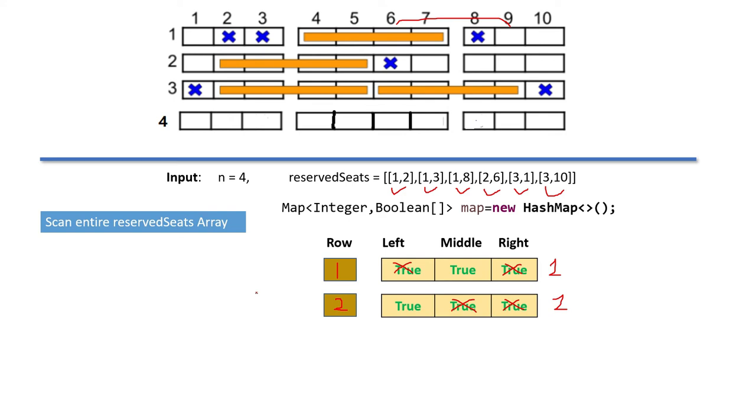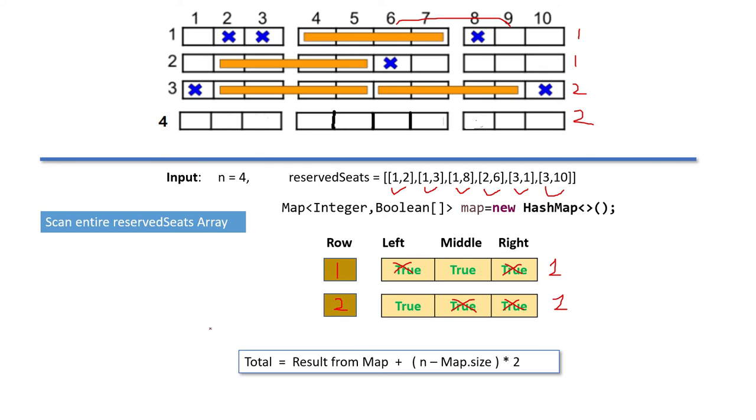So for those 2 rows, we can straight away consider 2 families each, because for rows 3 and 4, no seats created any effect, right? So a maximum of 2 families can sit there. So here you can see one member, here also one family member, here straight away it is 2, here also 2. So the total will be 2 plus 2, 4, 5 and 6. So 6 family members can sit here.